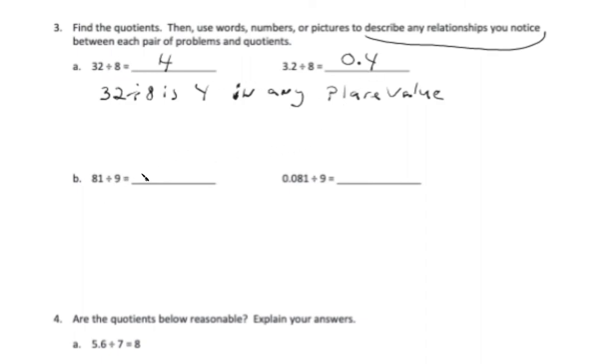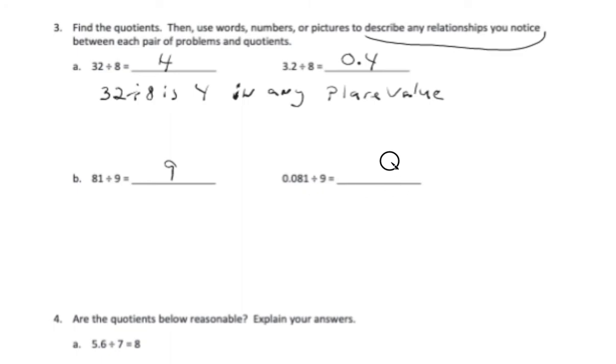Let's see what happens down here. 81 divided by 9. Oh, everyone loves their 9s, right? 9 times 9 is 81. So 81 divided by 9 is just 9. So 81, what are those? Tenths, hundredths, thousandths? 81 thousandths divided by 9?